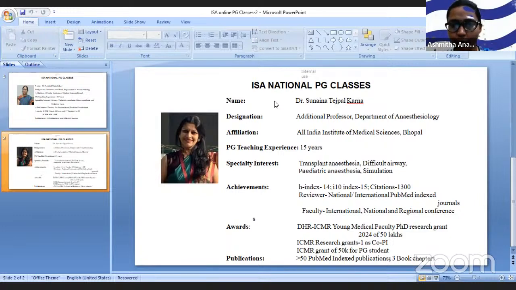Madam has been a reviewer in many national and international PubMed indexed journals. Madam has been a faculty in international, national, and regional conferences and a recipient of the DHR ICMR Young Medical Faculty PhD Research Grant in the year 2024 of rupees 50 lakhs, and ICMR Research Grant as a co-principal investigator and ICMR grant of 50,000 for PG students. And Madam owns more than 50 PubMed indexed publications and 3 book chapters. I welcome you, ma'am, for today's session.